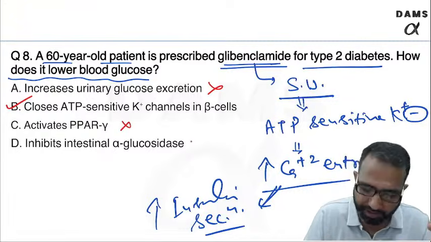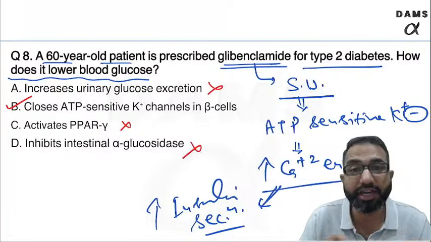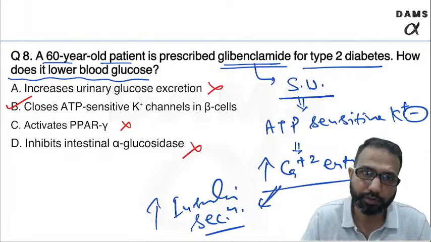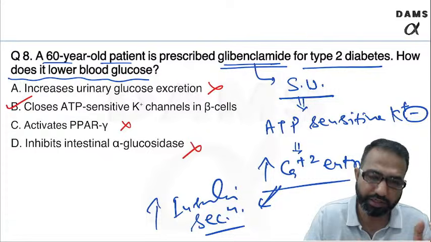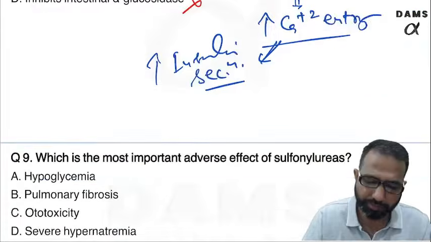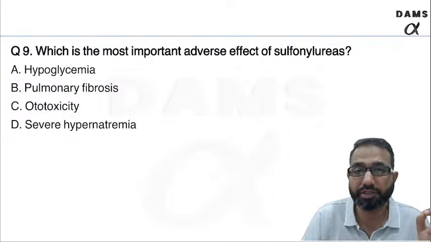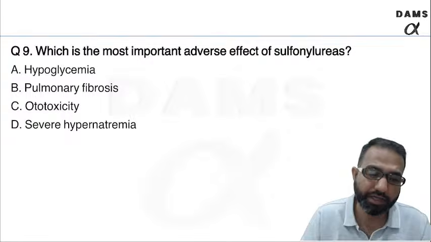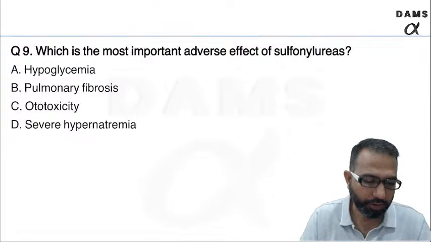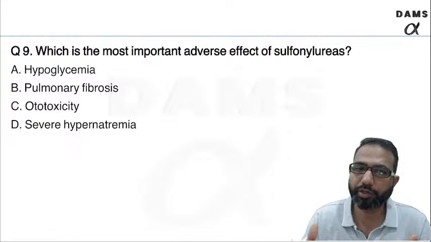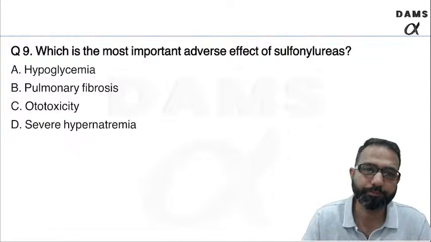It inhibits intestinal alpha glucosidase, no, that is acarbose. So out of these, it is the ATP sensitive potassium channel in the beta cells that is blocked by sulfonylureas, and that's why sulfonylureas have hypoglycemia as a major side effect. Out of all antidiabetic drugs, sulfonylureas have the highest risk of hypoglycemia.